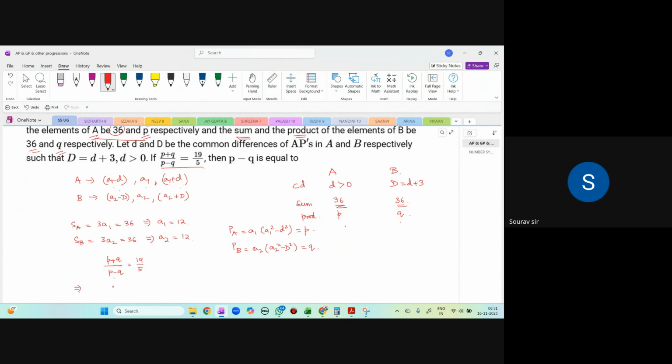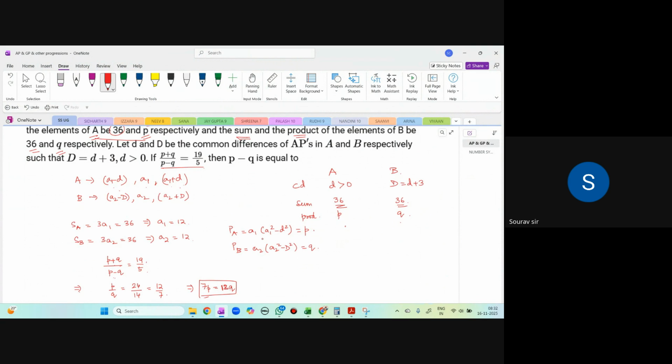So 2P by 2Q, which means P by Q, will be 19 plus 5, 24 by 19 minus 5, 14, which is 12 by 7. So P by Q is 12 by 7, right? That means 7P equals 12Q. So this is your relationship between P and Q.